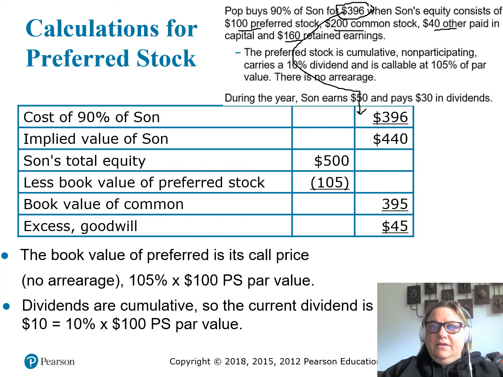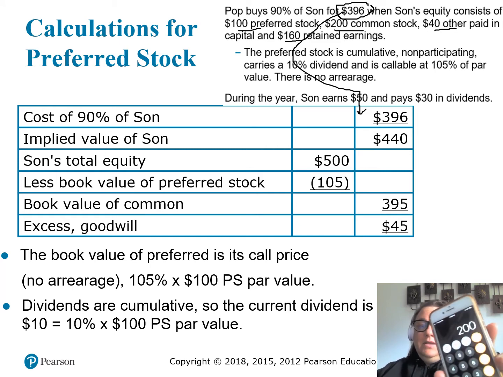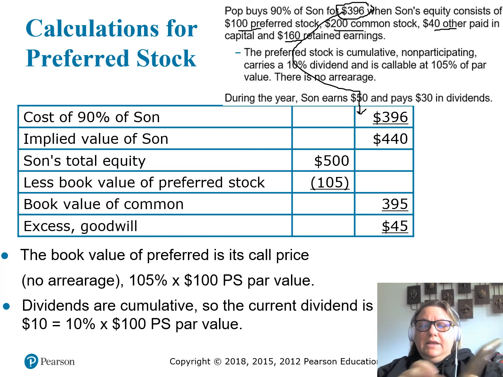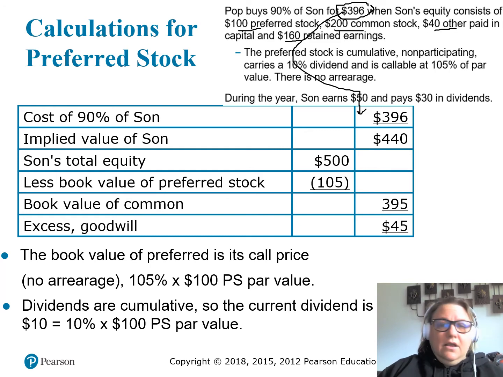You know what the calc is. So let's look at it here. We got 100 for preferred plus 200 common, plus 40 other paid in capital for 340, and then 160 for retained earnings. That's 500. Okay, so that's our total equity.